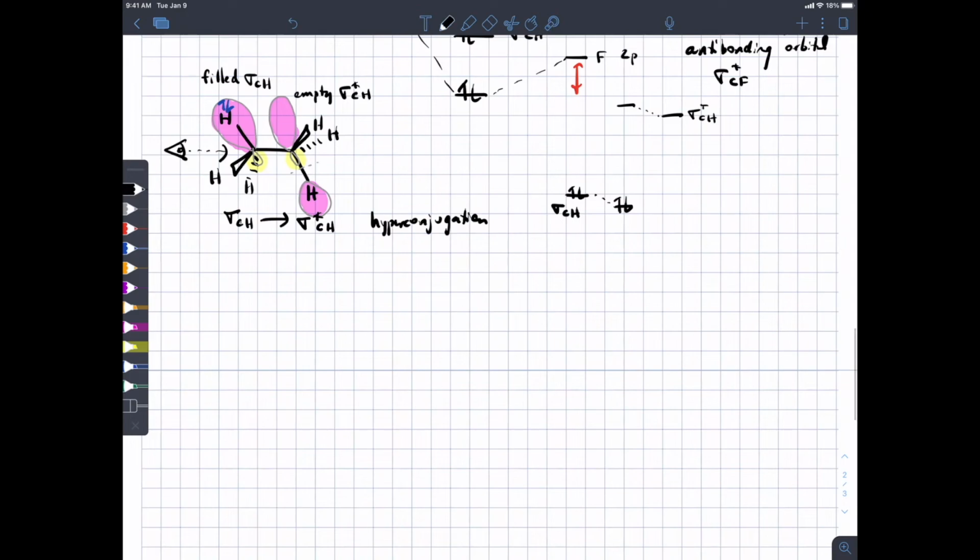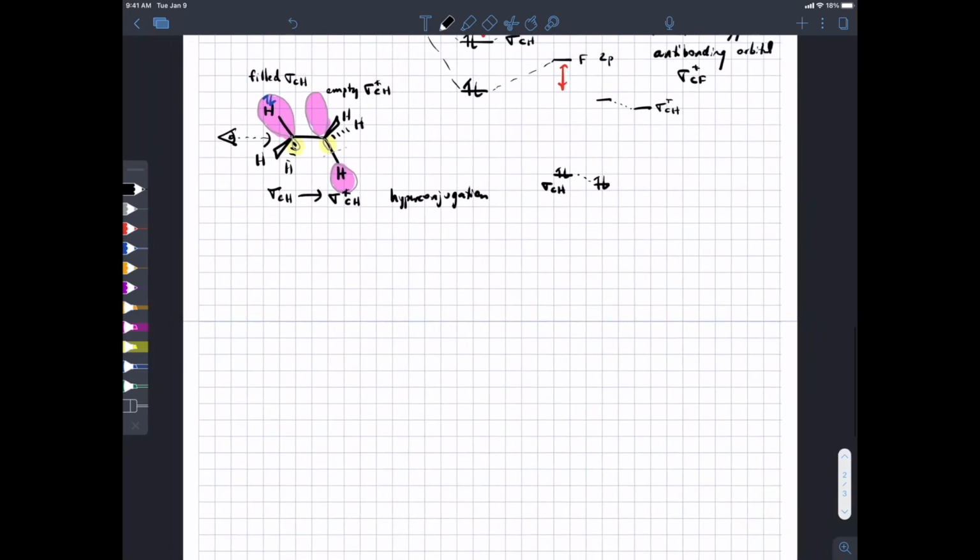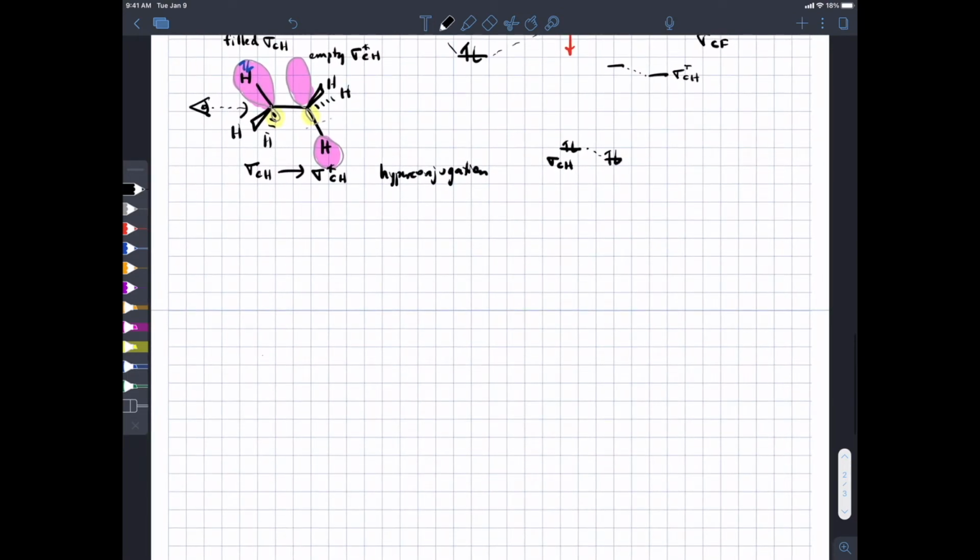Now, let's replace both of those hydrogens with fluorines, shall we? And see what happens, and see if there's an alternative, better arrangement. So imagine we start in the anti-conformation, which I've already told you is not as stable.